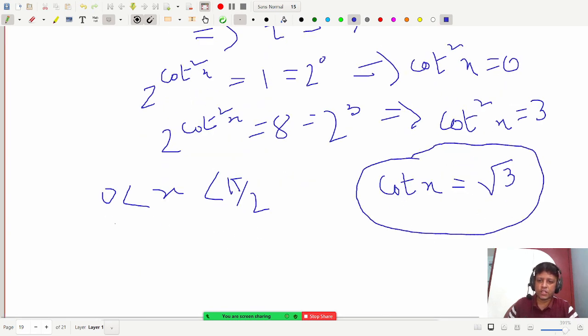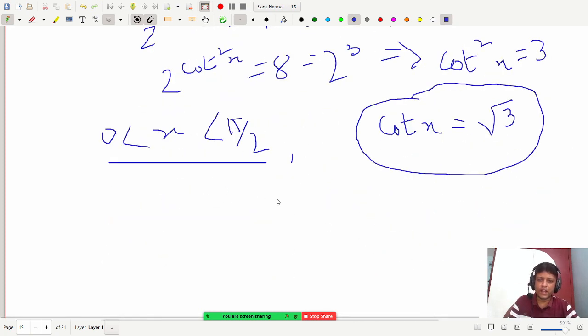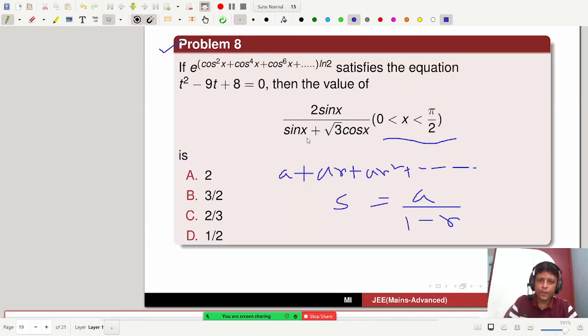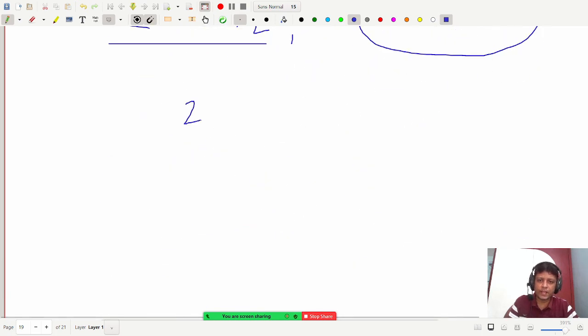Why? Because it satisfies this. You have to discard the other values, that is negative and 0. So in this range, what is the expression you have? 2 sin x by sin x plus root 3 cos x.